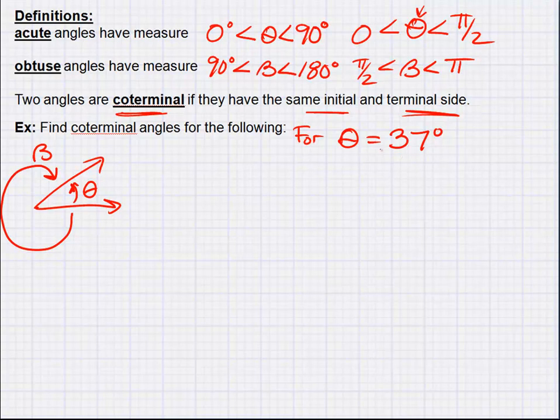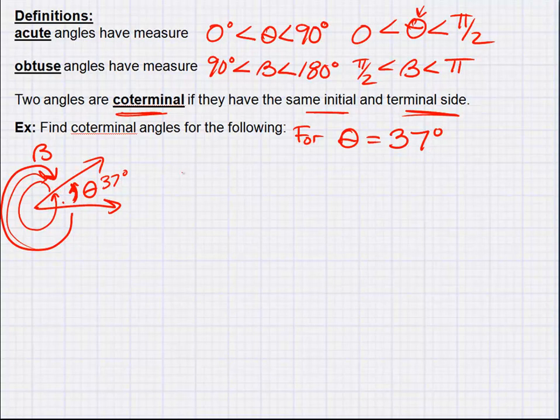So what I have to do is find another angle that ends in the same spot. So here, here's 37 degrees right here, I could find this other angle that goes this way, or I could just rotate from here another full rotation and end up back there again. So the way you do this is you either add or subtract a full rotation from your angle and you'll end up in the same spot.